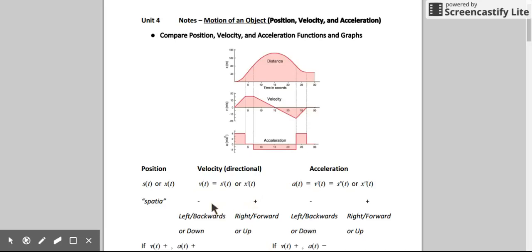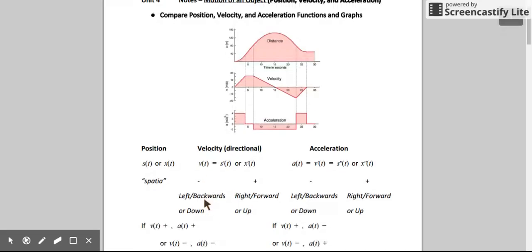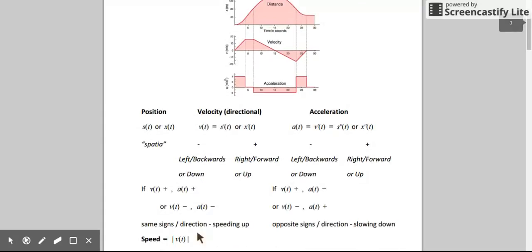So we can never have a negative speed. A negative velocity is going to mean that we are traveling either left or backwards or downward relative to our initial position. If I want speed, I can just find the absolute value of velocity, and that gets rid of whatever sign it had, and it always makes it positive, because speed is always positive.